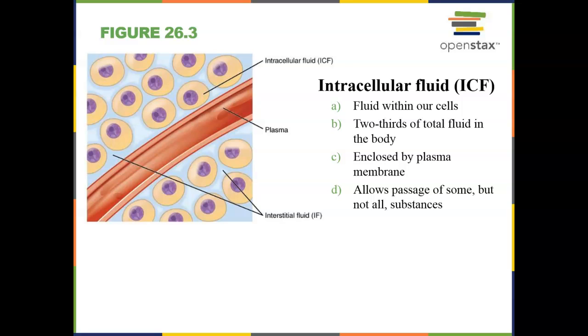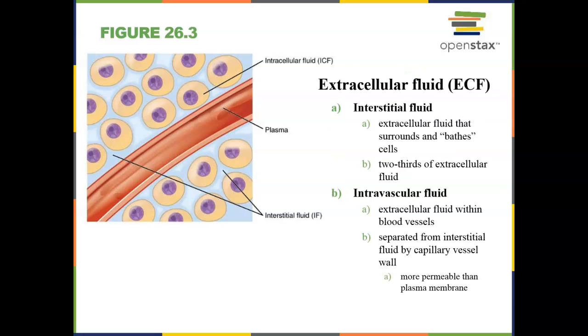And so it's inside the plasma membrane of our cells. And then we have extracellular fluid, which is either going to be interstitial fluid, so it's fluid between the cells, or intravascular fluid, which is the fluid that surrounds our blood. So that would be that plasma, okay?